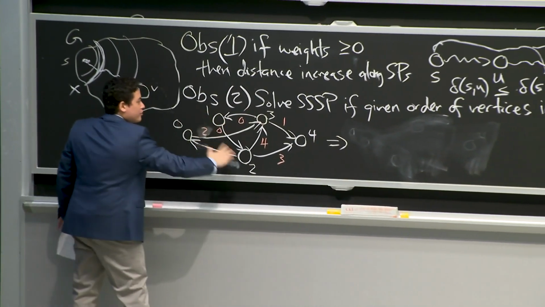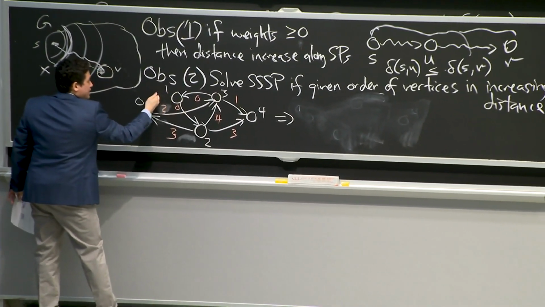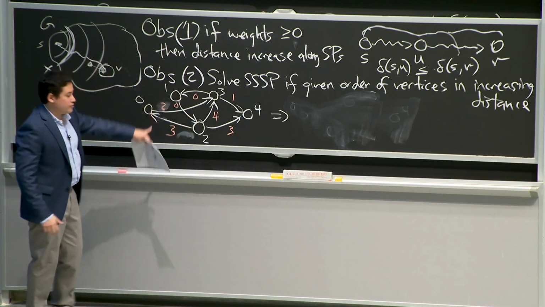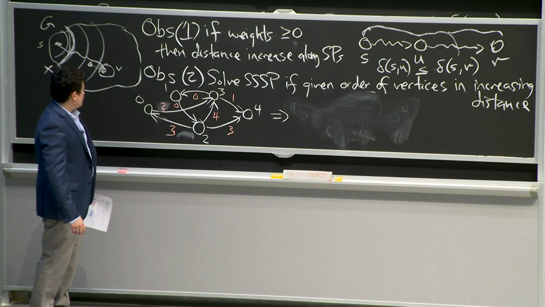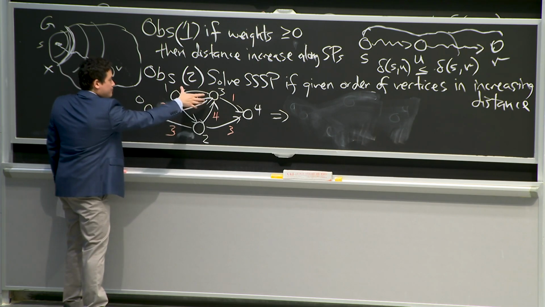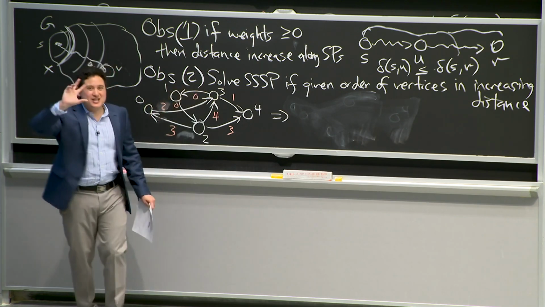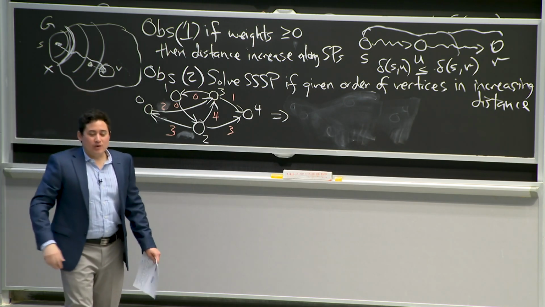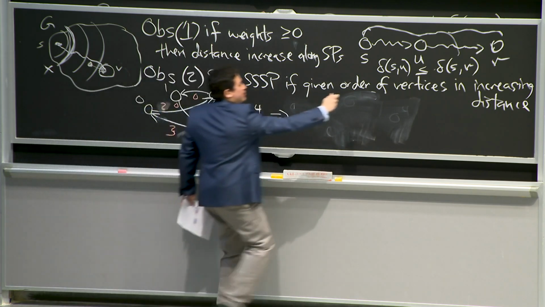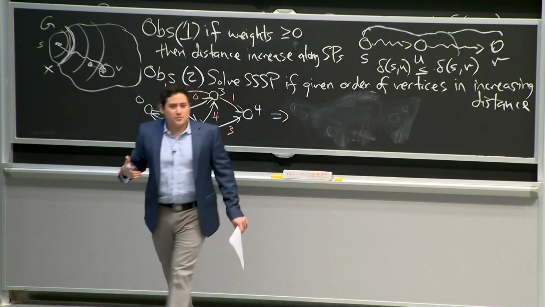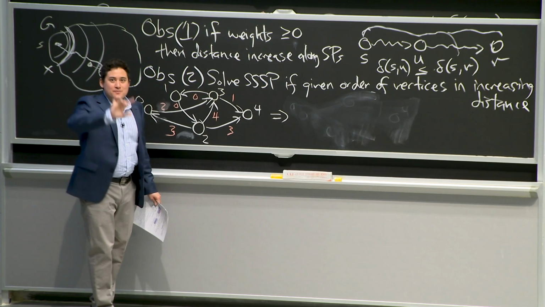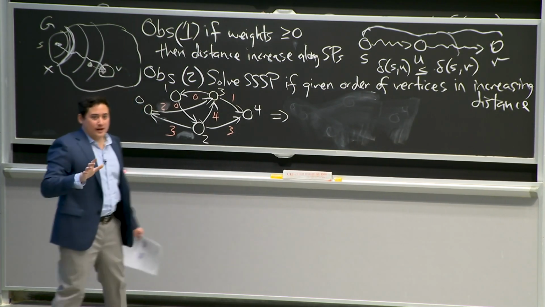I can rearrange the ordering of these things so that 3 comes first, 1 comes second, and 2 comes third of those 3 vertices, okay? Yeah, so for every set of 0 edges, I can just flip the relationship if they have the same distance, okay? In my input, I'm given vertices that have the same distance from the source. And so if those are the same distance from the source and they're connected by a 0 weight edge, it doesn't hurt me to flip their ordering. So I'm going to do that, okay?